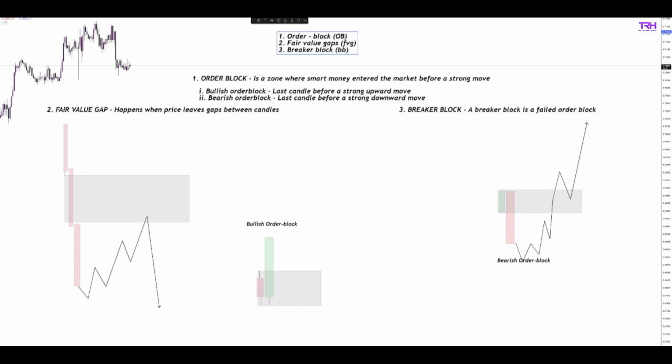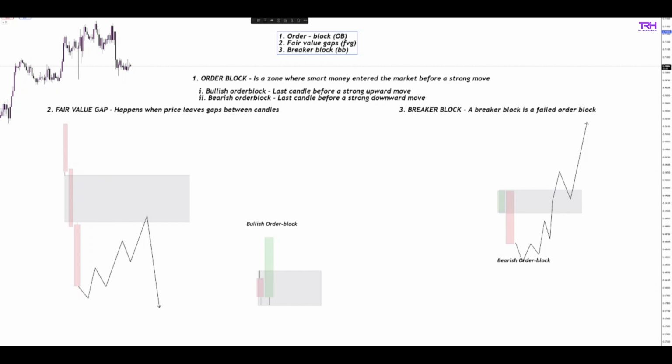These are confirmation for you to know that, okay, yes, price is going to disrespect this order block and later use it as a breaker block. So you just have to wait for confirmation, like CISD, all of that. I'll make more videos on that. Just wait for confirmation, like rejection, candle patterns, or those that use candle patterns as their own confirmation.